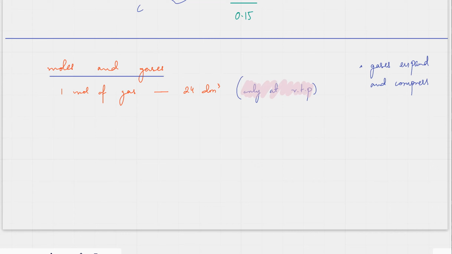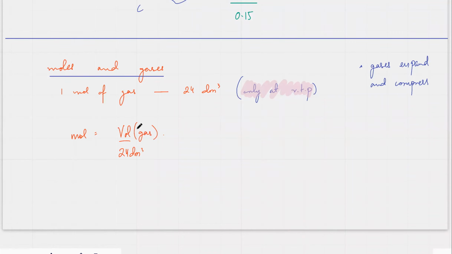The formula is simple. You can either choose to use ratios. 2 moles of gas would occupy 48 dm cube. 10 moles of gas would occupy 240 dm cube. Or the formula is that moles is the volume of gas divided by 24 dm cube. The volume units must always be the same.